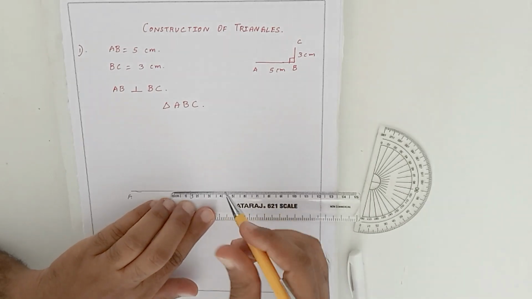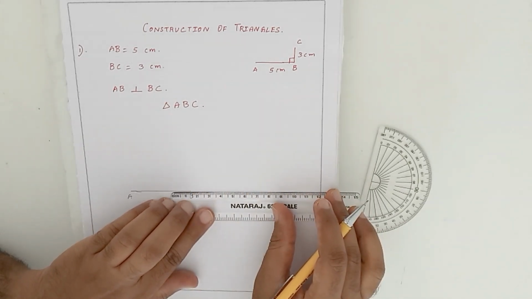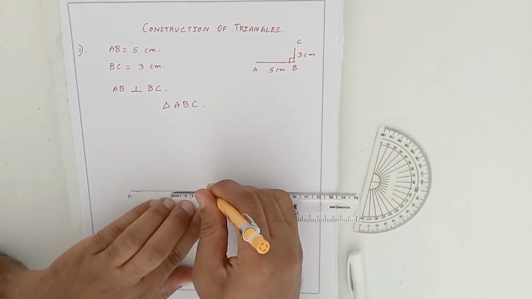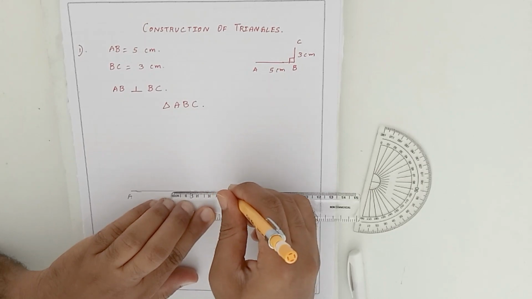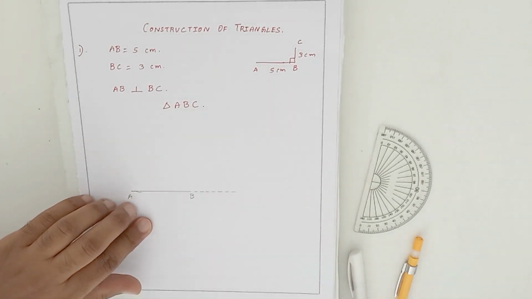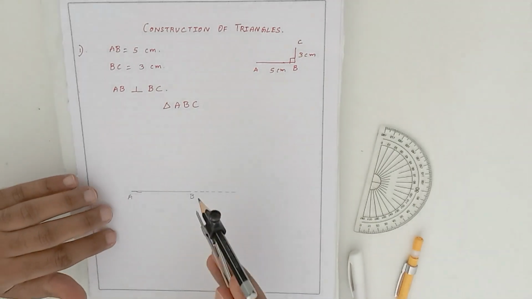And to show the extension, I'm just using dashed lines or dotted lines. Okay, then I take my compass.